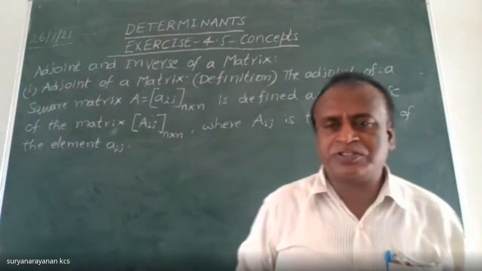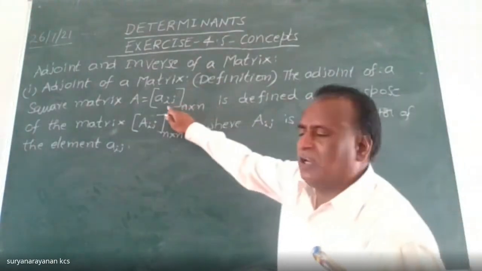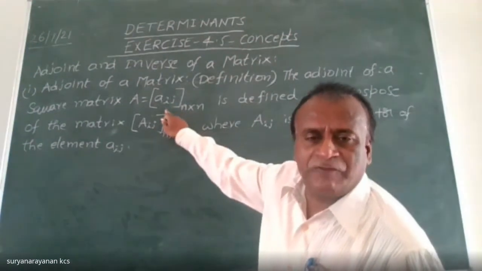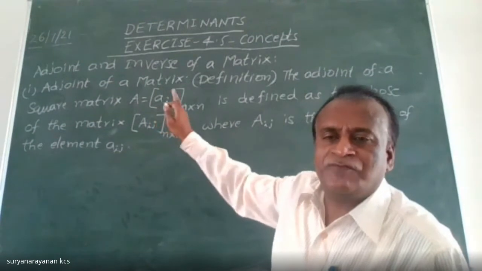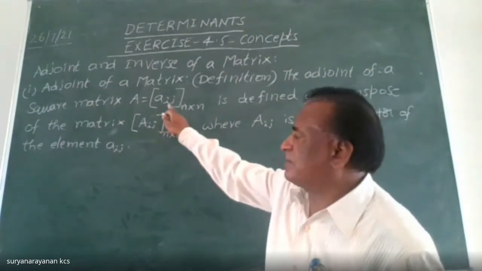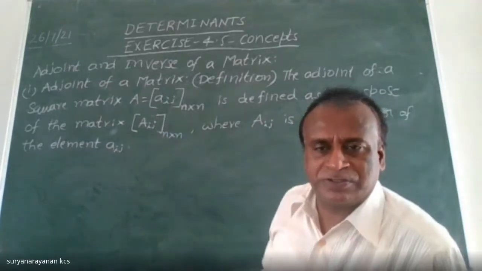Very simple concept. First, we have to find cofactors of every element in this matrix. After finding the cofactors of every element in the matrix, we just have to write its transpose.